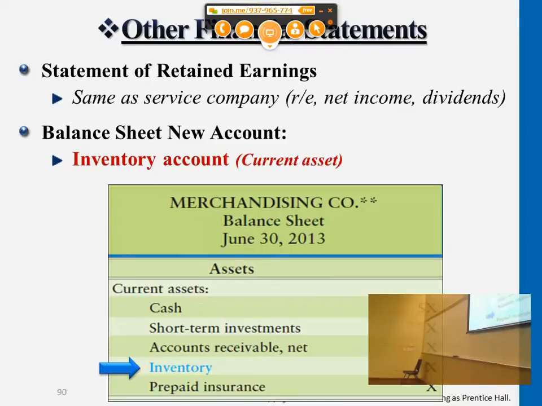And here I just listed the balance sheet asset category because the only difference between this balance sheet and the prior balance sheet that you learned is that we have one new account. Okay, and we still have liabilities, we still have stockholders' equity, everything else is the same, just that we have a new inventory asset account.